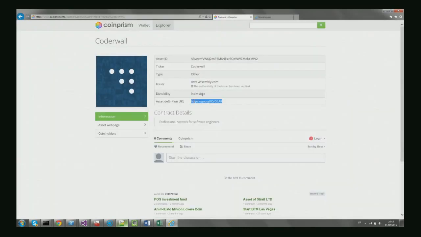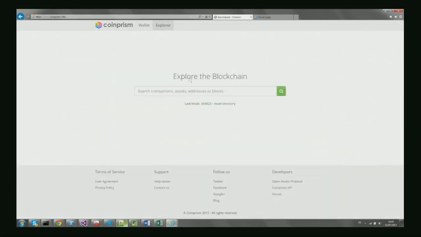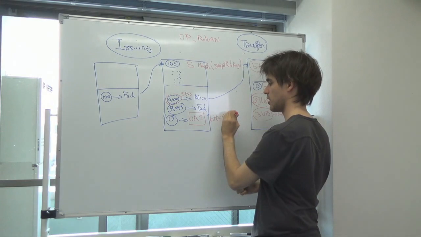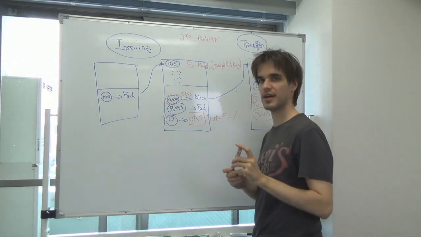This one doesn't work. I will take another asset that has a definition file. But what happens is that during the issuance, in the OP_RETURN, you can also fit an address, http://whatever.